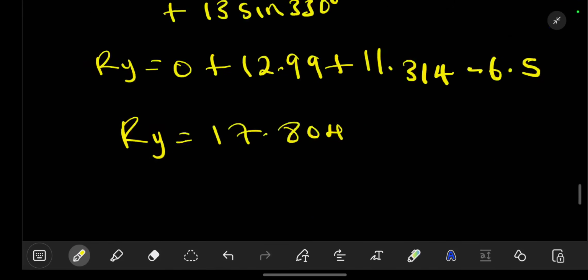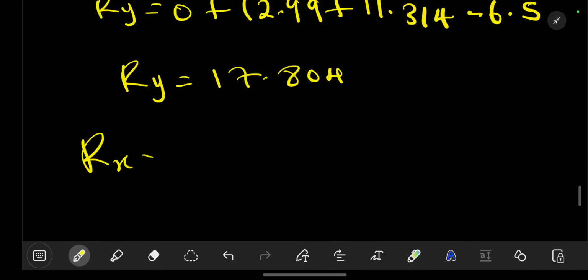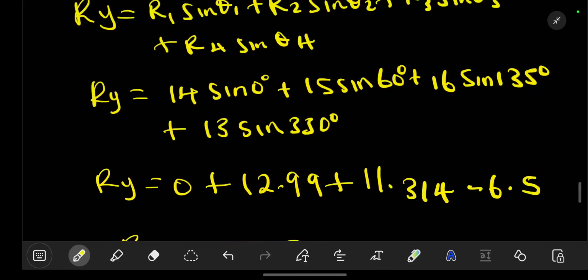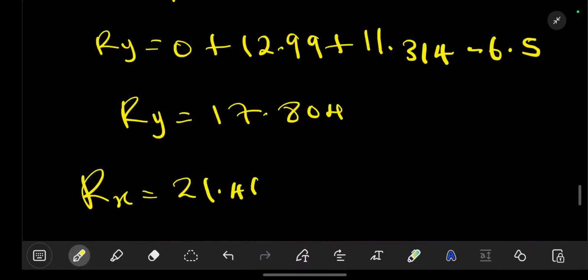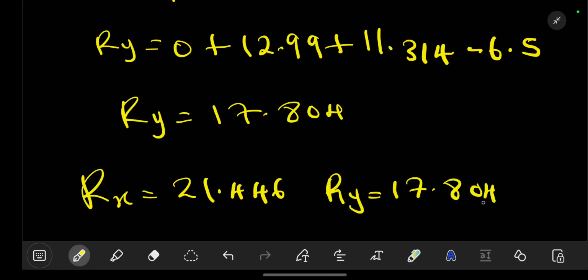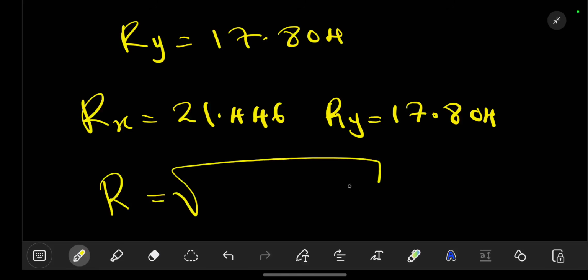So with that, we have Rx equal to 21.446, and Ry equal to 17.804. Then all we have to do is find our displacement, which can be found by finding the square root of Rx squared plus Ry squared.